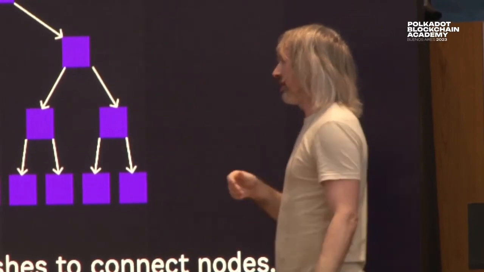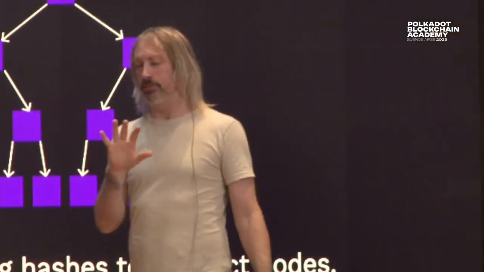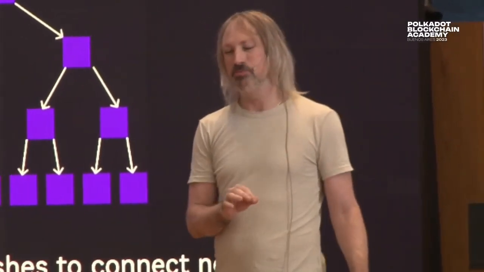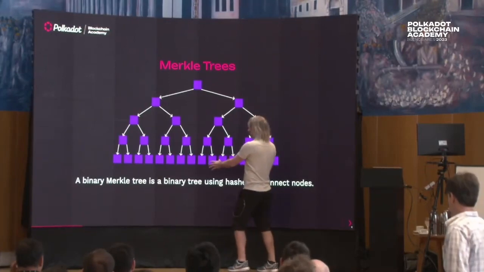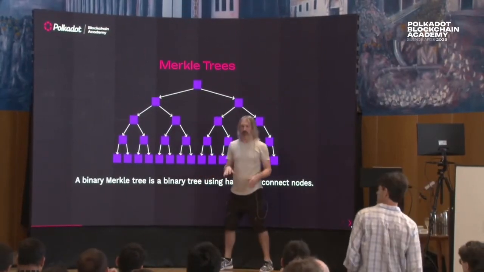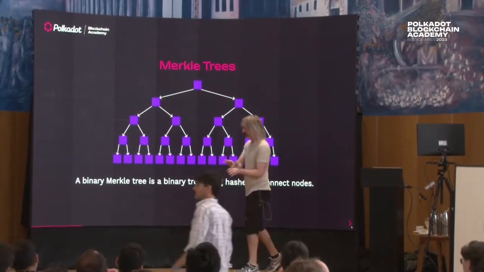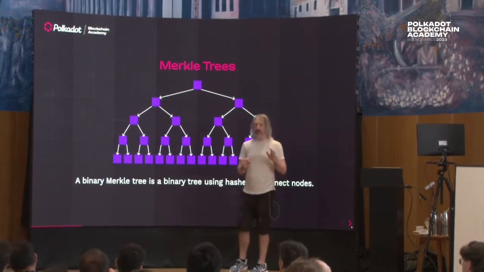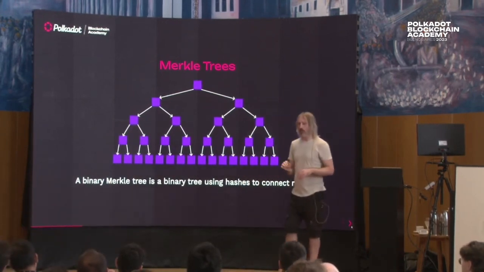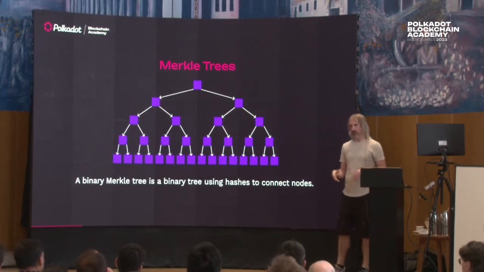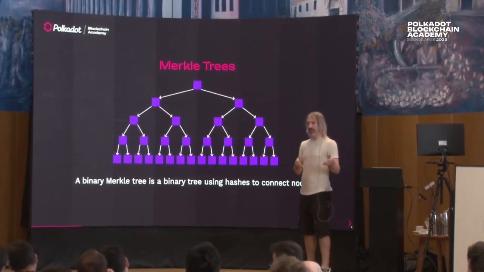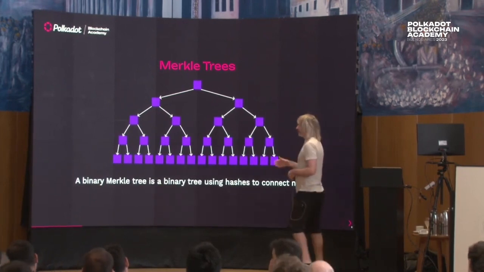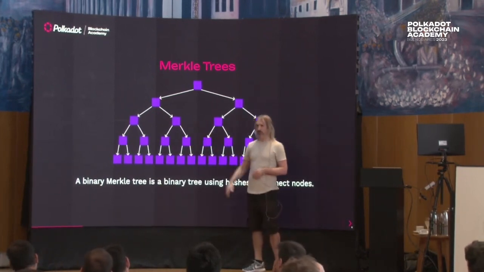With some data systems like Bitcoin, you might be able to reason that you actually don't need this part of the tree, only this part. But with Turing complete chains, where the chain could decide that it wants to do anything at any time, you just can't make that kind of reasoning.